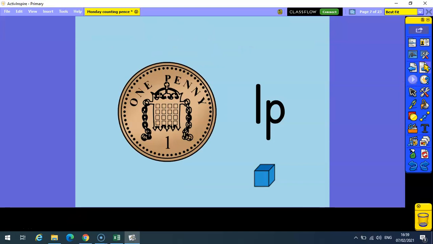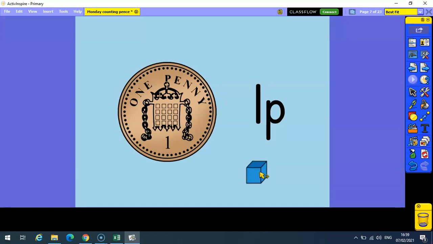Okay, let's look at them together then. You can check if you've got them right. In the money that we use in our country, the smallest coin we have is 1p, 1 penny, and it is worth just 1.